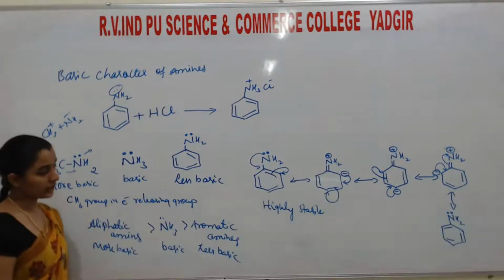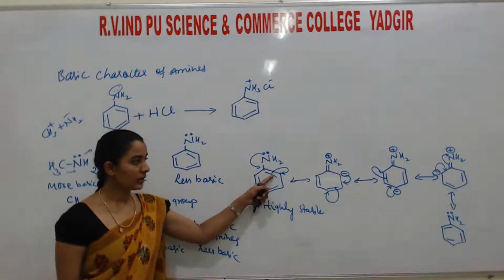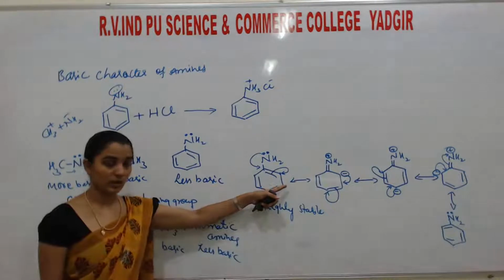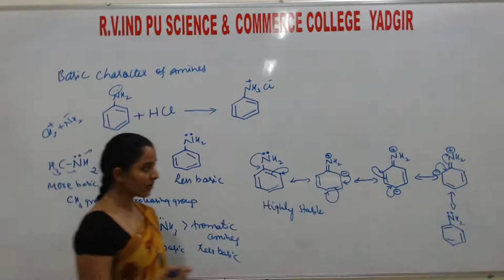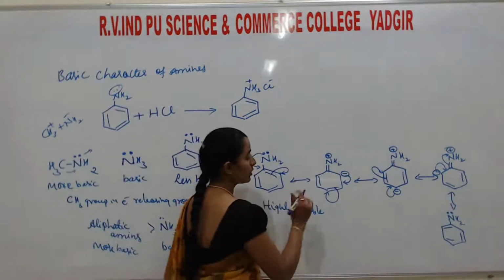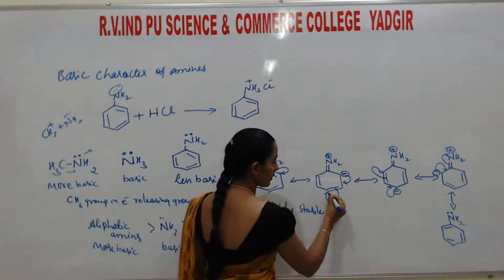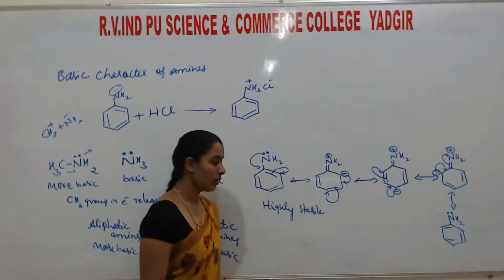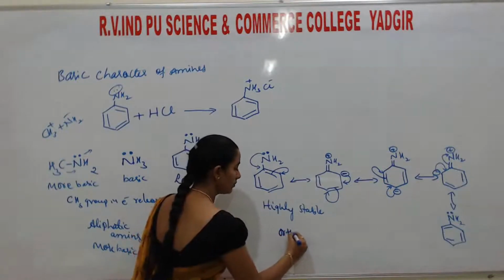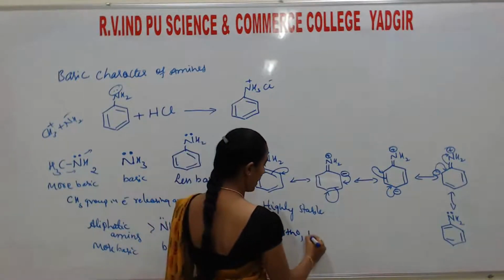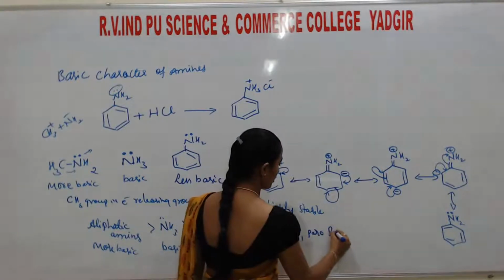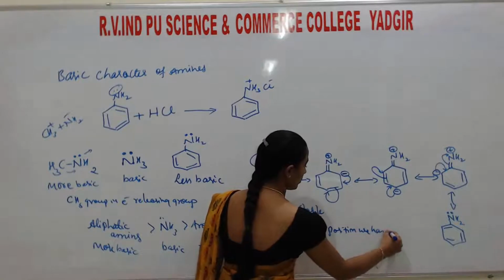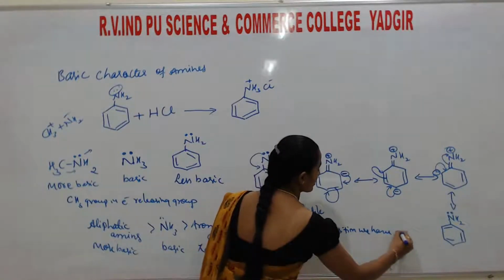Understand? So what is the reason? Because here they are involved in resonance structure. Students, remember in the resonance structure you are getting a minus sign here. At the ortho and para positions we have minus charge.